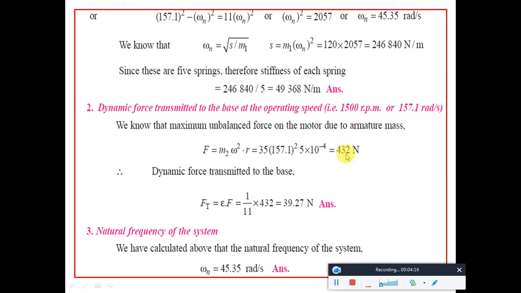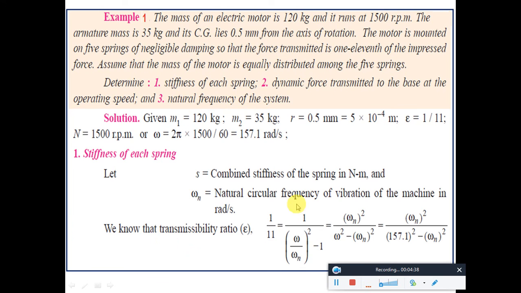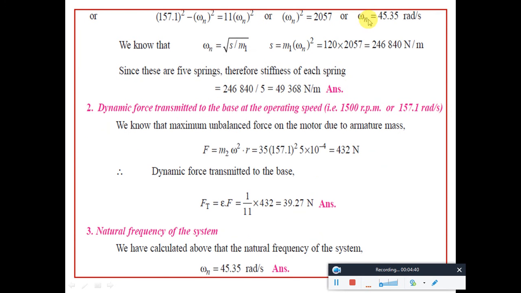You can substitute all these values and you will get 432 Newton, and we already know the transmissibility ratio is equal to 1/11. So the transmissibility ratio epsilon is equal to Ft by F, therefore Ft is equal to epsilon into F. This epsilon is 1/11 and F we have calculated is 432. So you can find 39.27 Newton. And the third one is the natural frequency. The natural frequency is the first thing we found here, 45.35 radian per second.